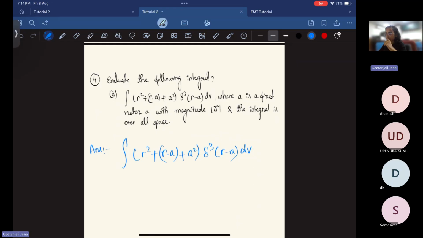A is a fixed vector with magnitude a and the integration is over all the space. Anyone? It's a three-dimensional Dirac delta function.